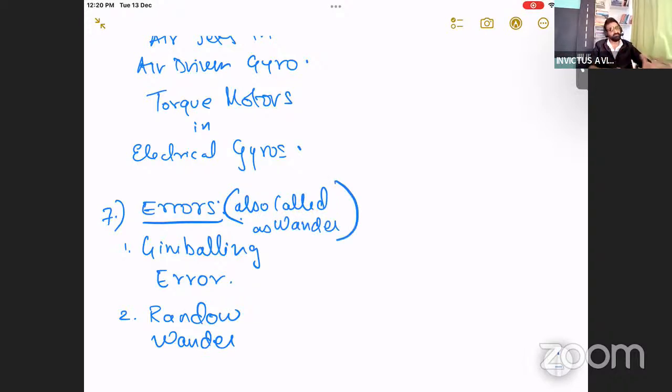Wander and error is the same thing. In gyro, the error is called wander when it comes to the deflection and rigidity. Mechanical errors are generally called errors. Functional errors are called wanders, I could say. Wander, what is wander? Someone is wandering here and there. So the gyro, instead of having rigidity, goes somewhere else or points in some other direction. That is wander. So wander means nothing but error. What these errors are is very simple to understand, but not right now. We'll do it when the right time comes. Okay.